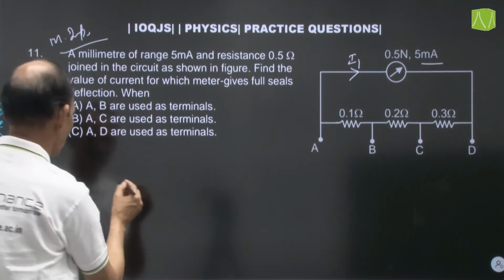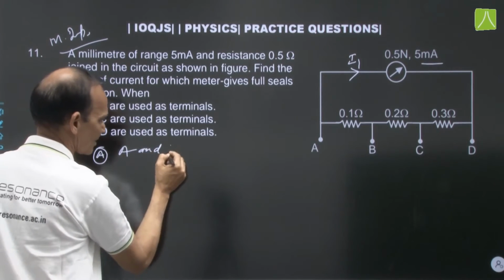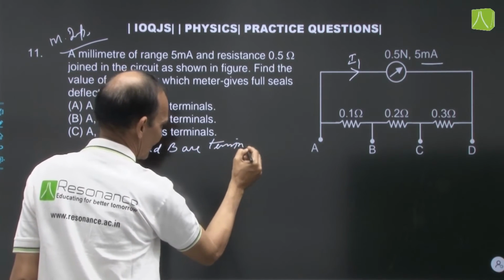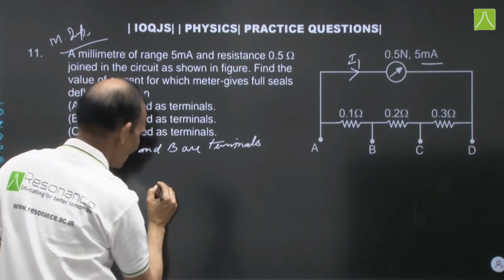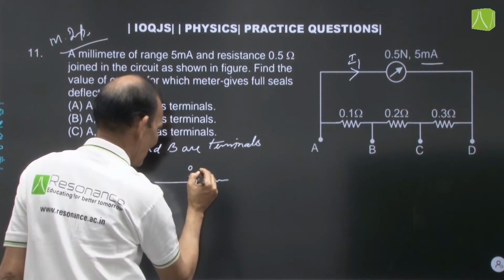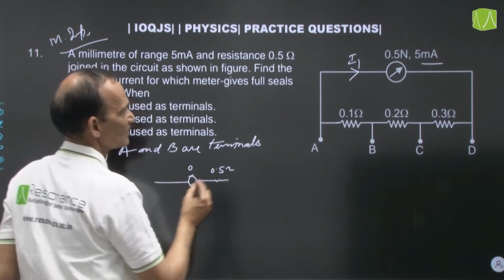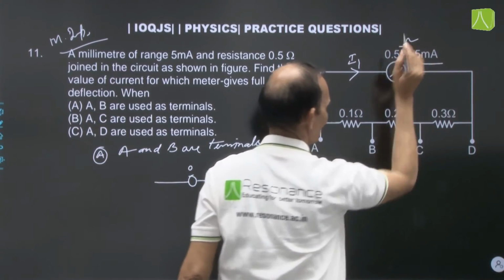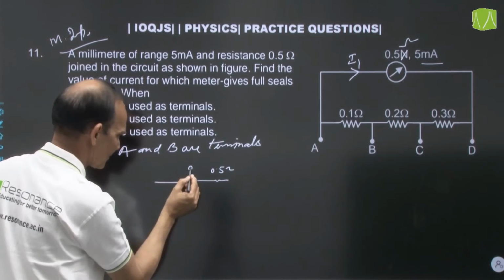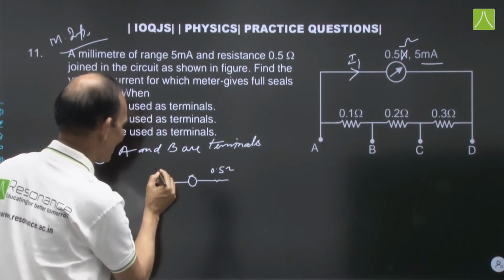Now think about first part. A and B are terminals. So we can rewrite, it is ammeter, its resistance 0.5 ohm, okay. Its range, range means the current is 5 milliampere.